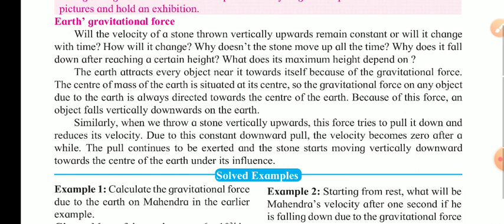Till the force acting on it is not balanced with the gravity of the earth, the stone keeps on going upward. Once it's balanced with the gravity, the velocity becomes zero and the stone starts falling downward towards the earth. And this force by which it comes downward is directed towards the center of the earth.